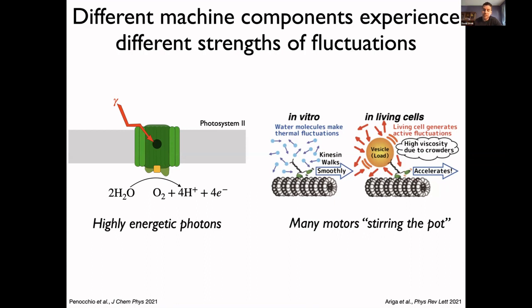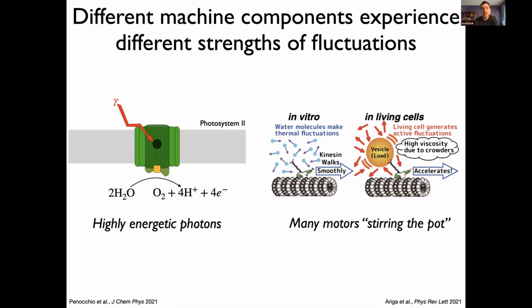So the cytoplasmic solution, the medium in which these machines move, is not just a thermally fluctuating medium, it has so-called active fluctuations. And there's no reason to think that the different parts of this machine or the machine assembly will experience these active fluctuations to the same extent. This very large cargo might be much more prone to getting jostled by these active fluctuations than the machine that's relatively small and relatively shielded by the filament.